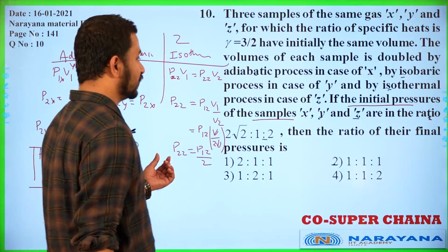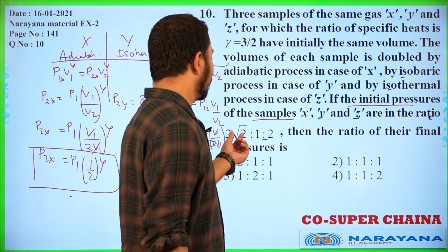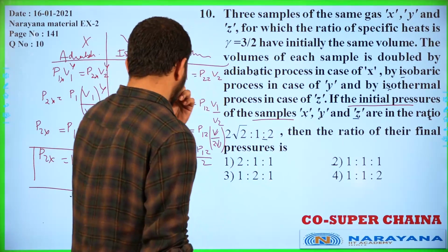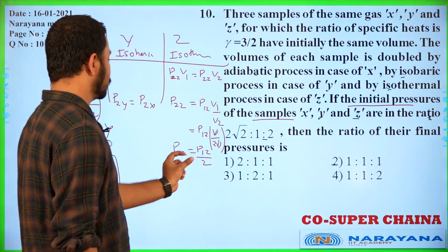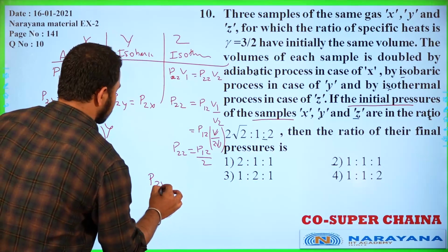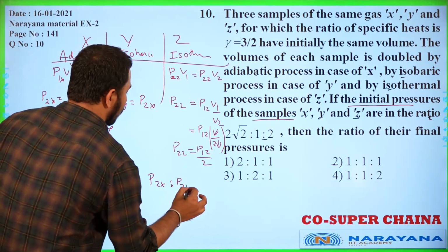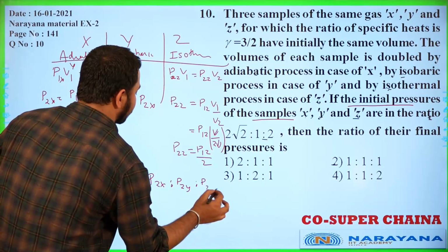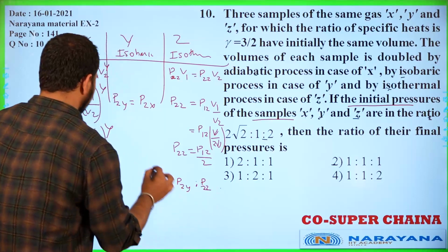So now in this question, student, the ratios of their initial pressures are given. We have already got P2x is to P2y is to P2z. What is this coming?